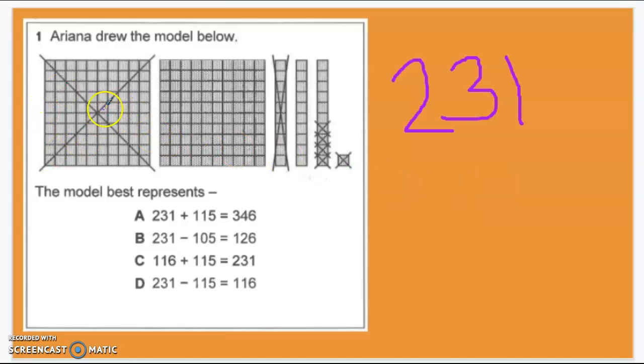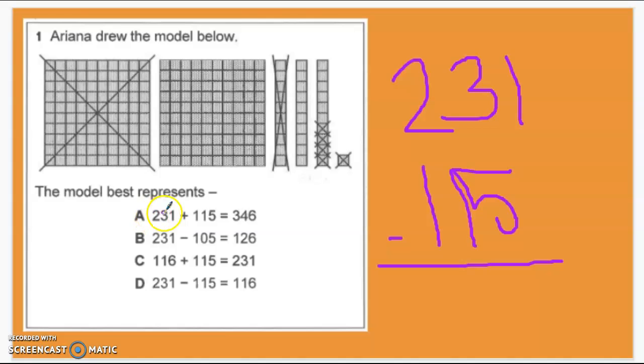And then taken away looks like 100, 10, and 1, 2, 3, 4, 5. 115. Oops. That's what was taken away. So we started with 231, 115 were taken away. So that's what this model is representing.